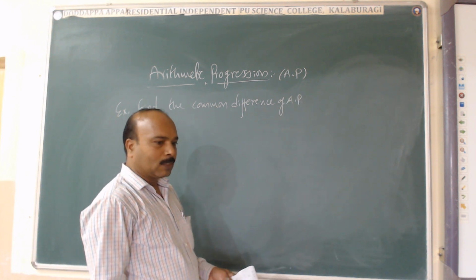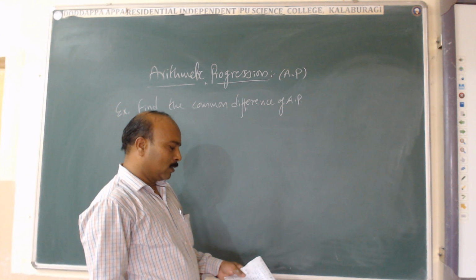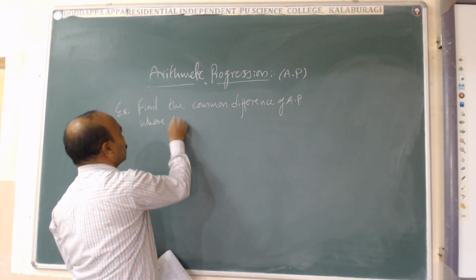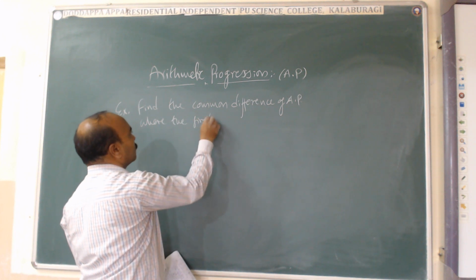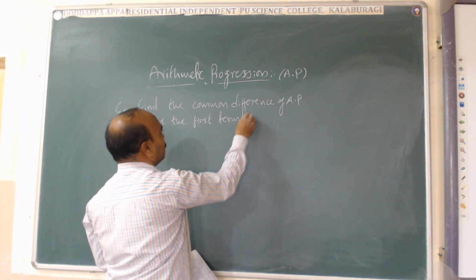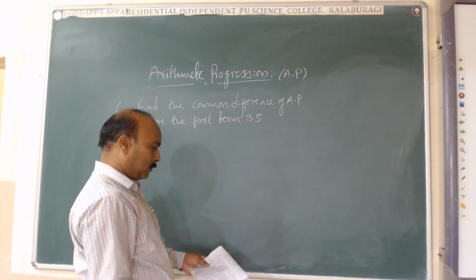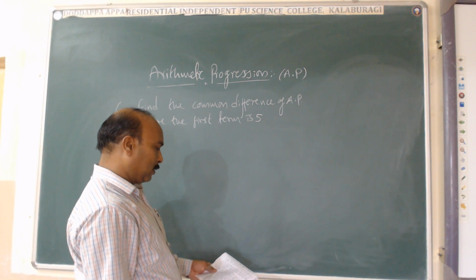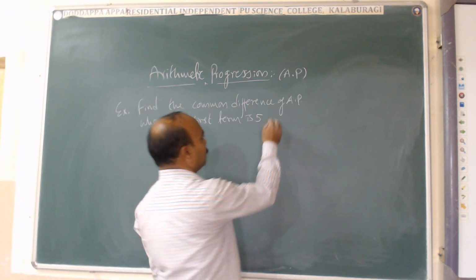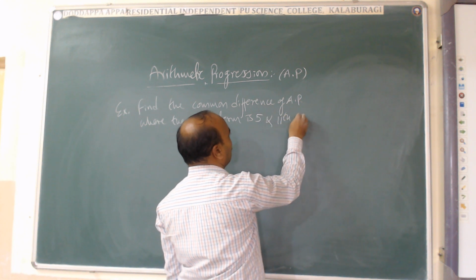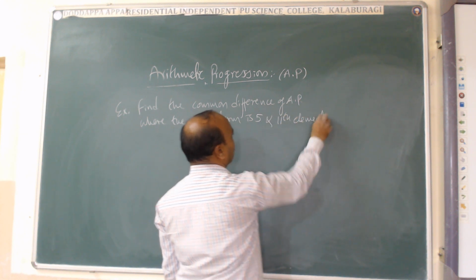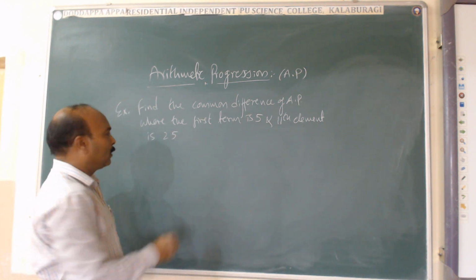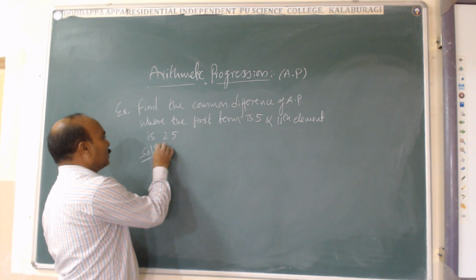Find the common difference of arithmetic progression, where the first term is 5 and the 11th element is 25. Now we go for the solution of this.